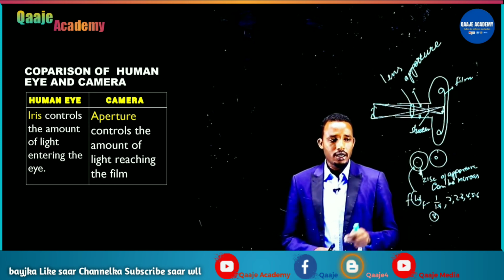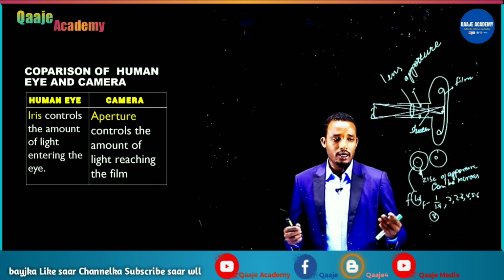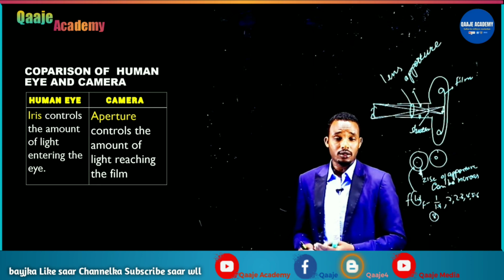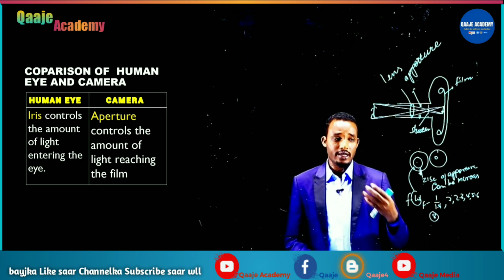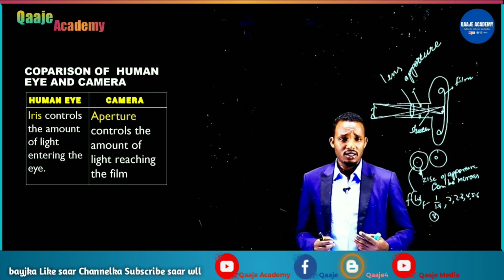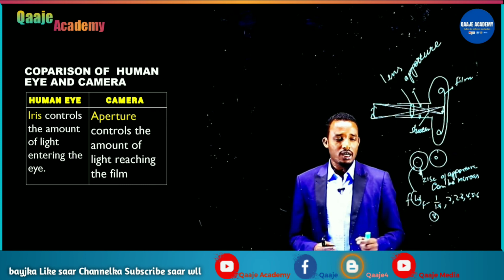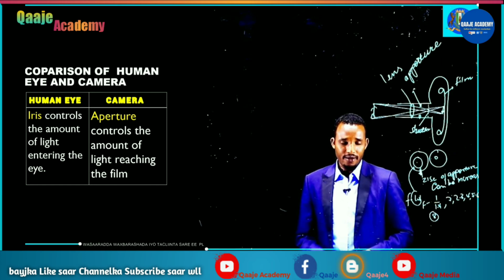If the light is dim, the size of the aperture must be bigger to let a large amount of light enter the camera. Okay, if the light is bright, the size of the aperture must be smaller in order to reduce the amount of light reaching the film.